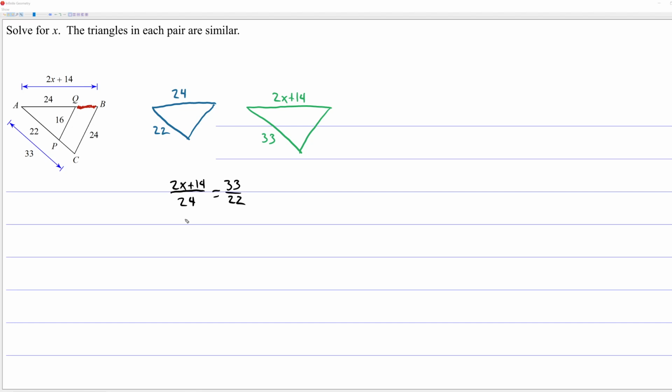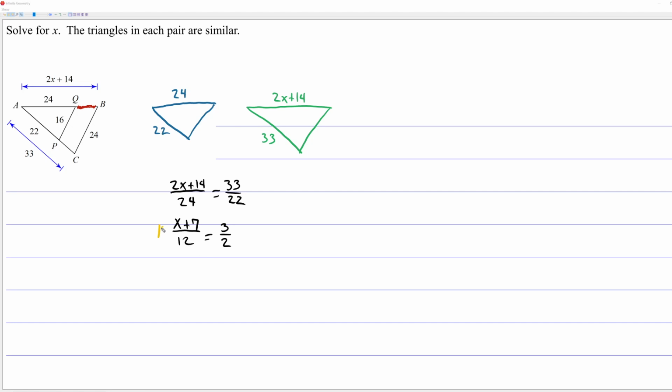Again, I'm going to simplify before we get started. On the left-hand side, everything is a multiple of 2. So we can divide everything by 2. We get x plus 7 over 12. And on the right-hand side, both of these numbers are multiples of 11. So I'm going to divide by 11. Again, you don't have to cross multiply here. In fact, I really don't like the phrase cross multiply. We can take care of this in one step.